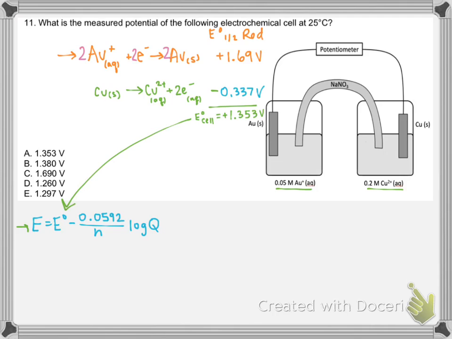And so now when we combine our two half equations, the electrons will cancel, and we'll have an overall reaction that's 2 gold ions reacting with solid copper to produce 2 solid golds and a copper ion.